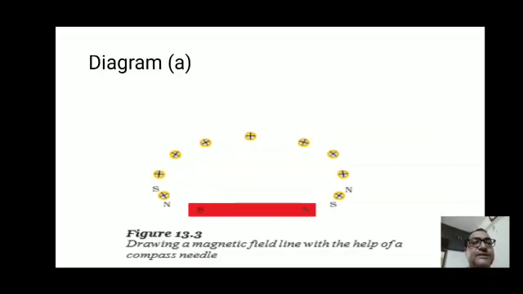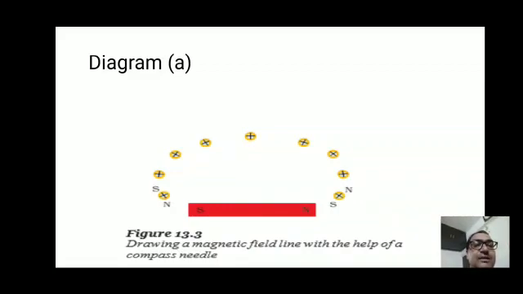So we have to fix this magnet, draw the boundary of the magnet, and keep this compass near this north pole. When we keep it near the north pole, you can see that the south pole of that needle is attracted by the north pole of the magnet. Students, we have to move this compass towards the south pole.